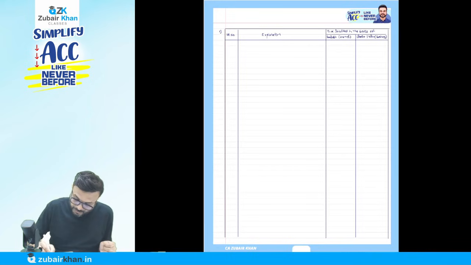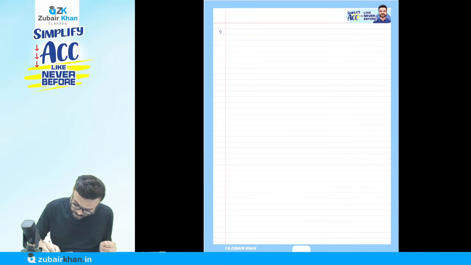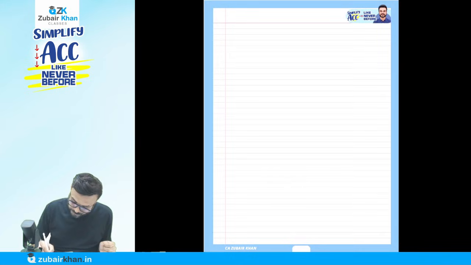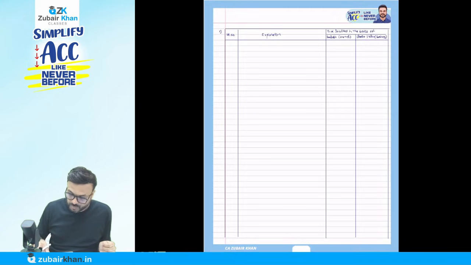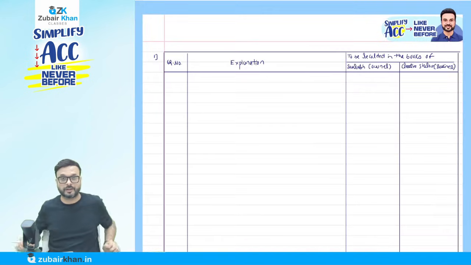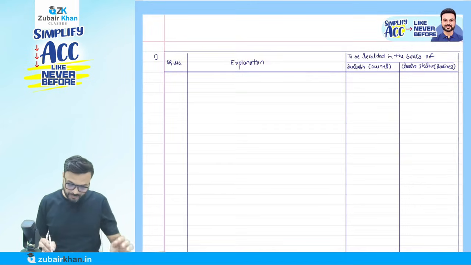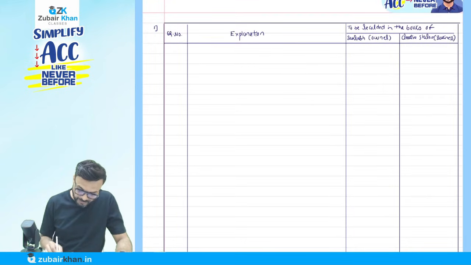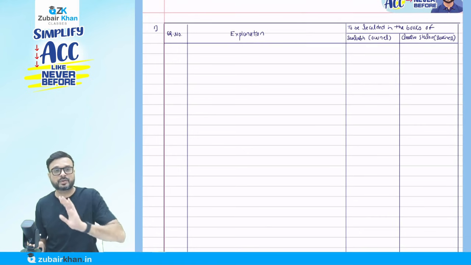Okay, done. Draw this for one page. Now, one by one, we'll discuss each and every point, and then we'll decide where it will come. If you have not yet drawn, just pause the video and draw this for one page.